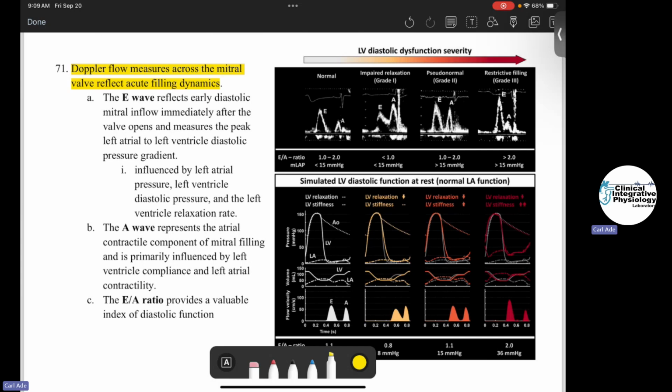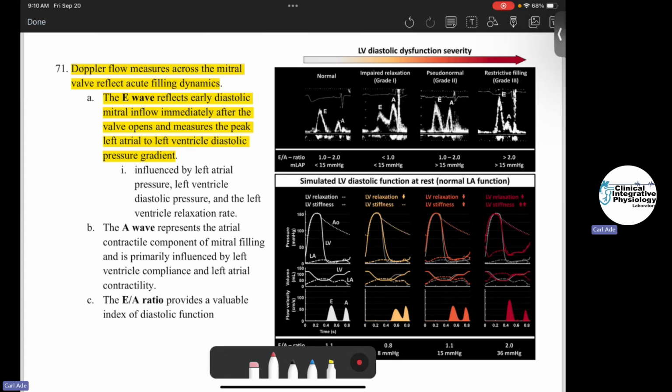How quickly does that flow go in there? There are actually two segments of blood moving from the atria into the ventricle. The first we identify is the E wave. This is the early filling. If you go back up to the Wiggers diagram, that's where the mitral valve opens, and we get a big surge of blood going in there.